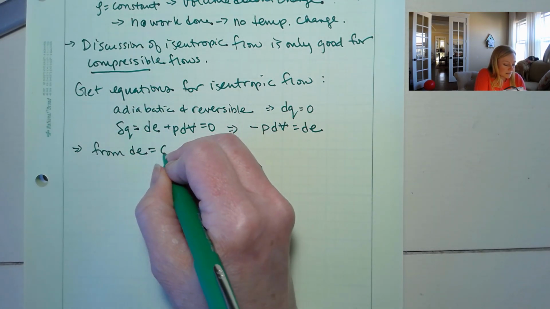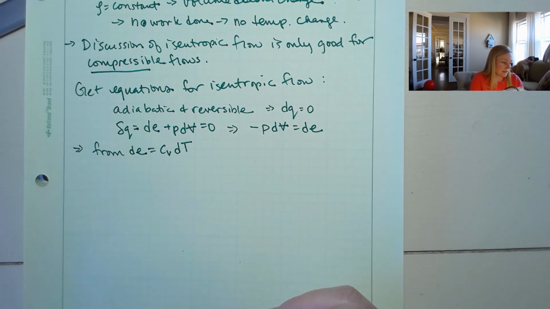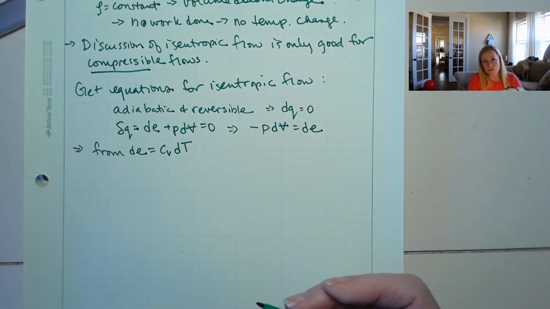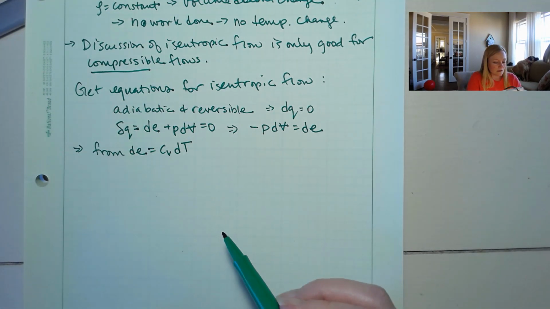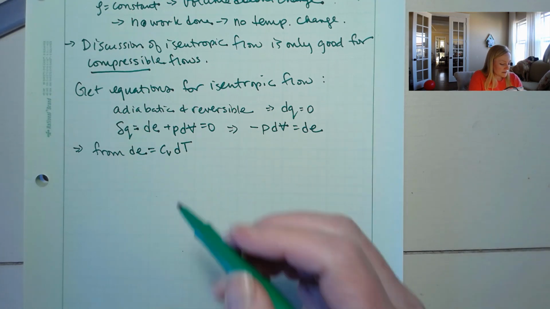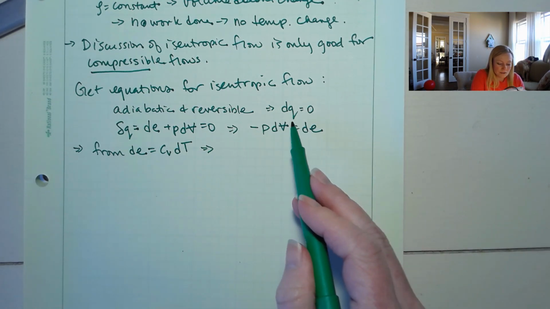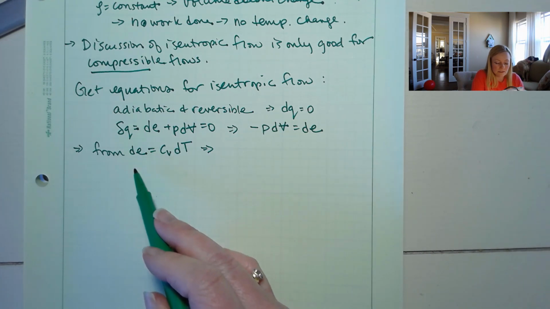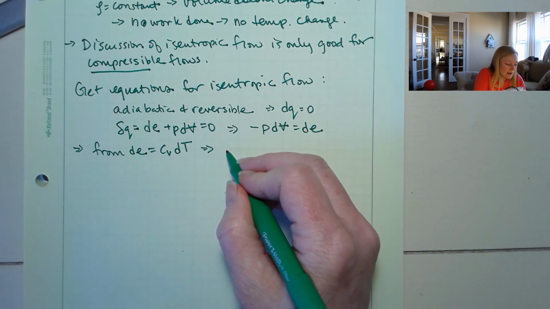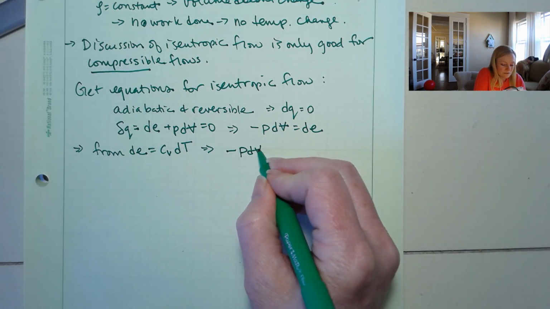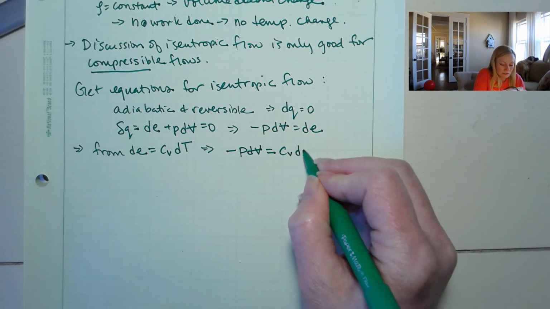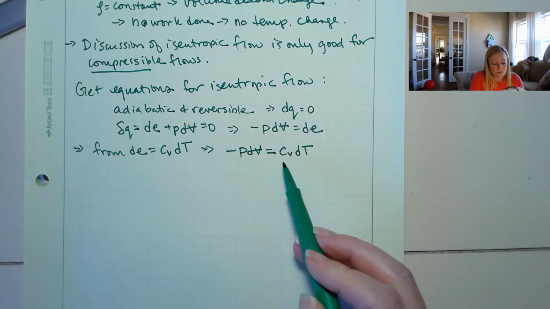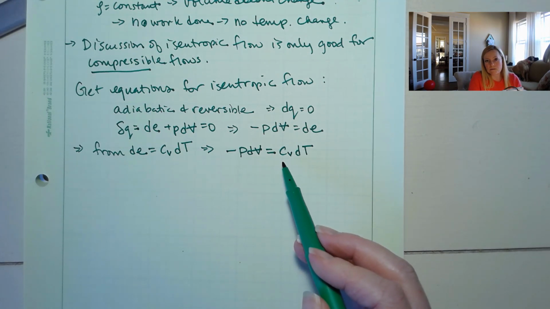So from dE, we've got CV dT, right? That's what we derived before. So now we're going to make this substitution. I'm going to plug this in for dE. That's going to give us negative pressure dV equals CV dT. And remember, this CV is that specific heat at constant volume.